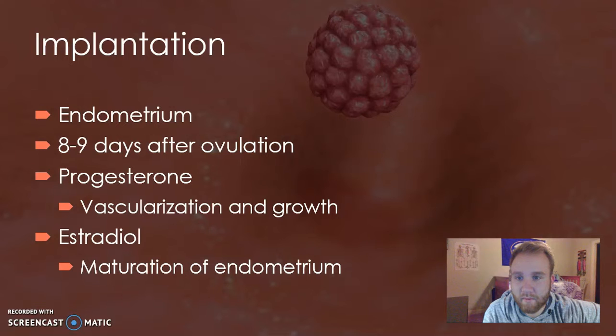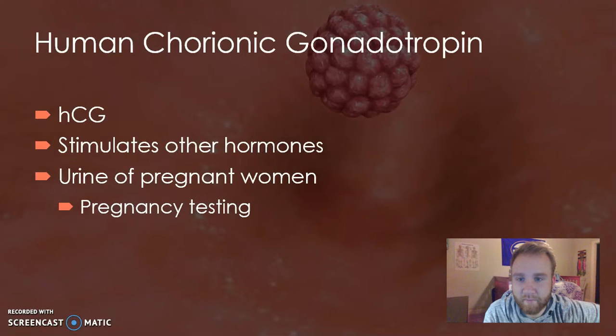Along with that, one of the most important hormones in the regulation during implantation and development of the embryo and fetus is known as human chorionic gonadotropin, or HCG. Human chorionic gonadotropin stimulates the majority of the hormones needed to grow a baby, basically.